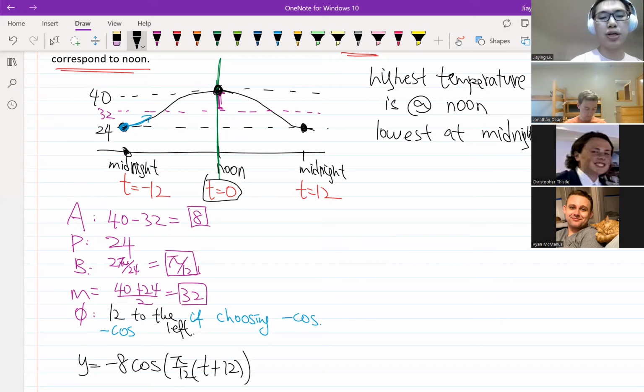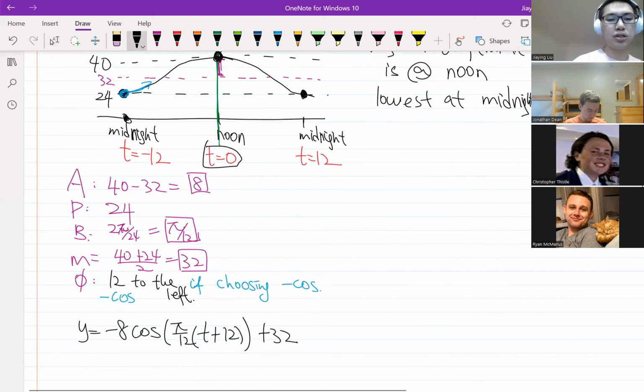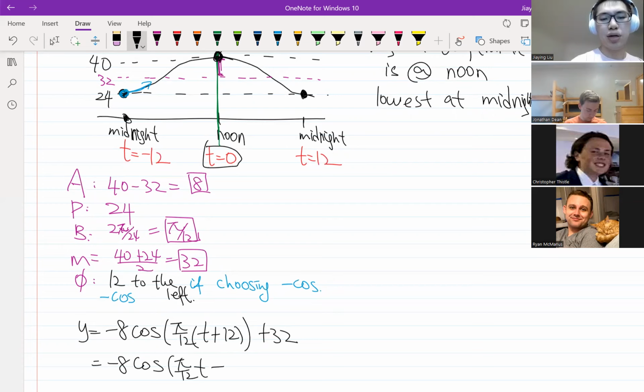You can think of it in that way. And the midline is going to be 32. So that's the function: negative 8 cosine of pi over 12 times t plus pi over 12 times 12, that's a pi, plus 32. So that's using negative cosine.